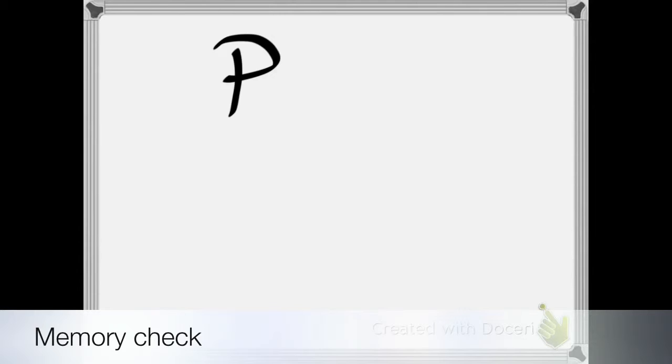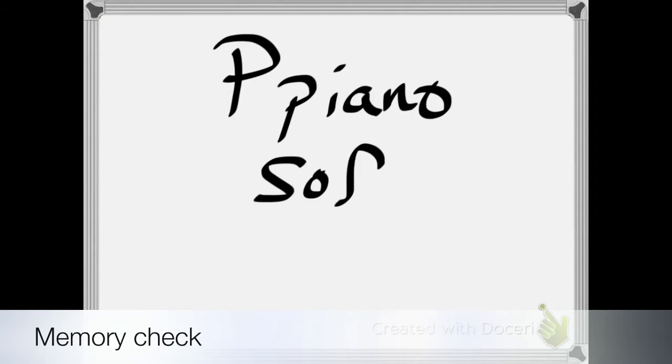What about when you see a P in the music? What does that stand for? Good. That stands for piano. And piano tells you to play how? All right, softly. So we should have that written in our agenda also.